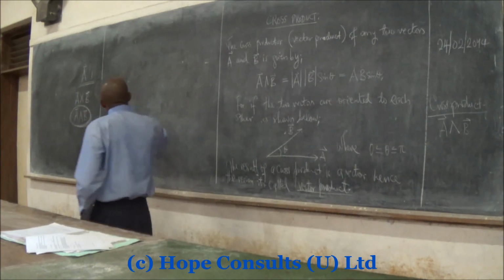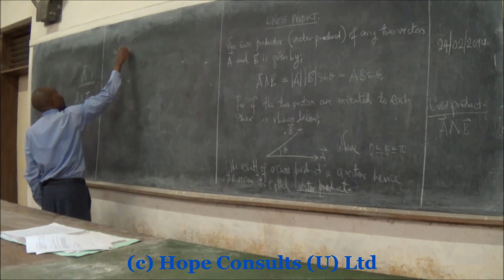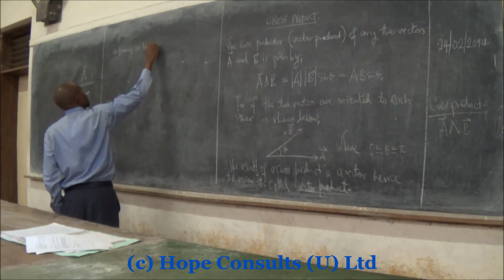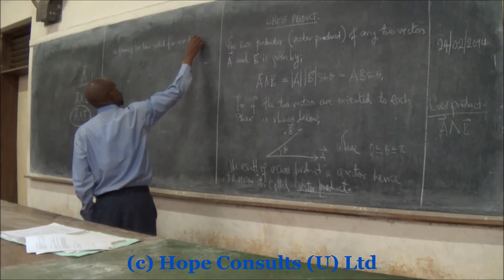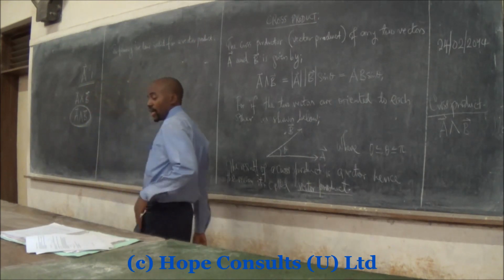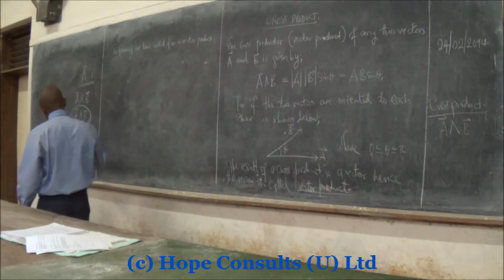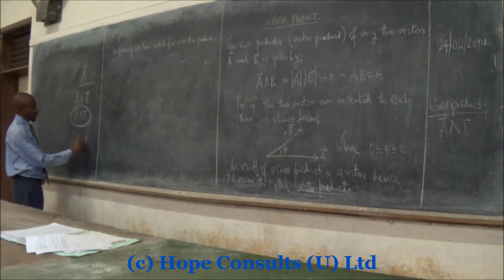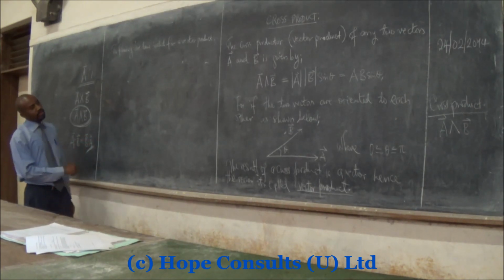So the following are laws valid for a vector product or a cross product. And these laws are that when we look at the commutative, we say that A dot B is equal to B dot A. That one doesn't hold at all for this product.